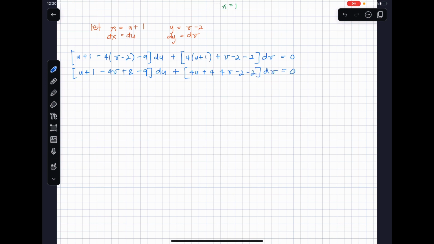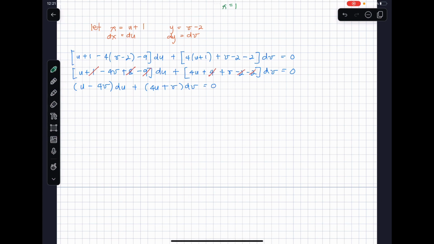So our objective here is to make this one homogeneous. So therefore, the constants should be cancelled out. So 1 plus 8 is 9 minus 9 is 0. So 4 minus 2 minus 2, that will be 0. That leaves us with u minus 4v du, and then plus 4u plus v dv is equal to 0.